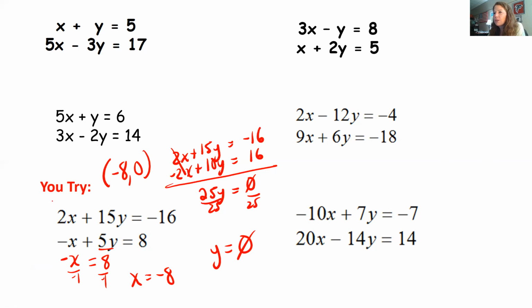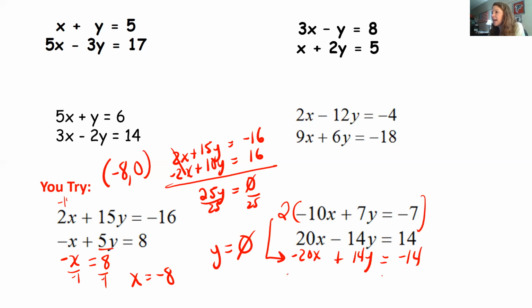How'd you guys do? So -16. Yep, that one's right. And then this one, we could multiply either equation by 2. Actually, just the top equation by 2. Because if we bring that down, this would be -20x plus 14y equals -14.